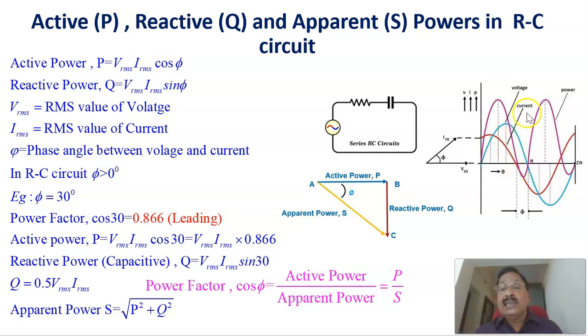Current is leading the voltage by an angle phi. That is why the power factor is leading, which is nothing but active power divided by the apparent power, in terms of the power triangle. This is the active power P, and here the direction, unlike the RL, is opposite. This is the reactive power required, and this is the total apparent power.